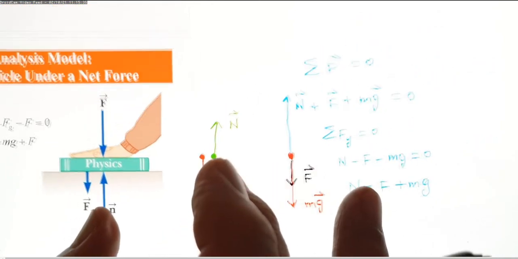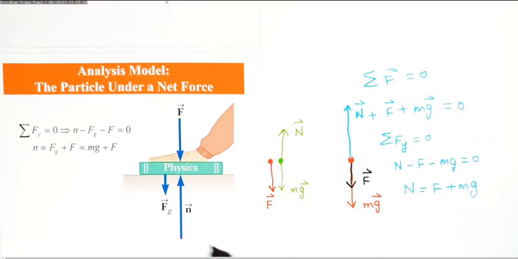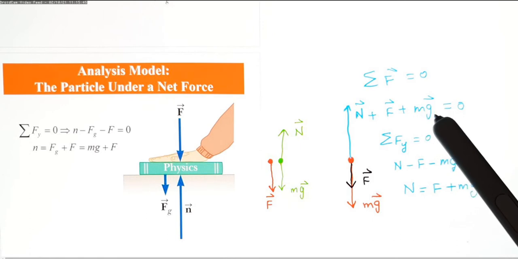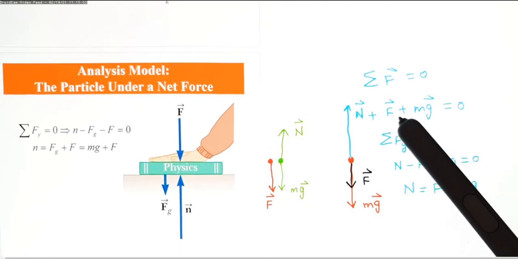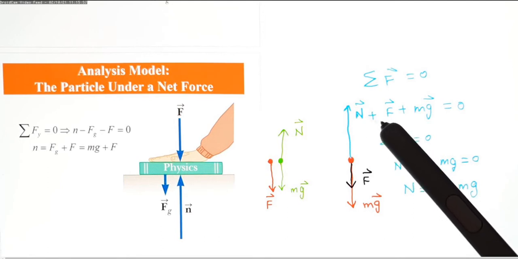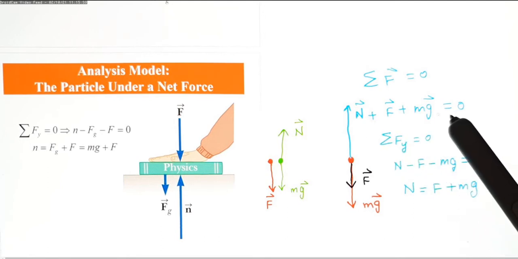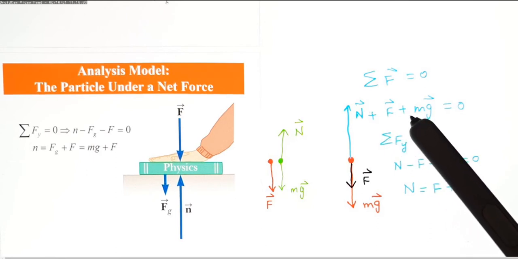So if you have a problem to solve, depending on the problem, he can give you the mass and the gravitational acceleration. He can give you F, he can give you the normal force, or he can give you two of them and ask you to calculate the third one, whatever the problem.